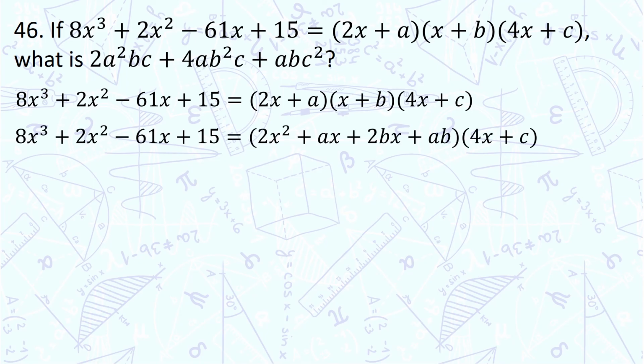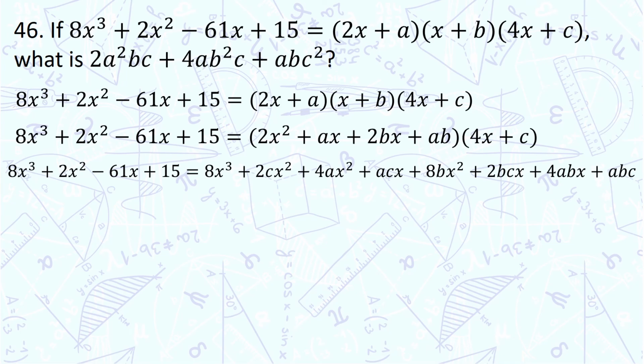So we have 2x plus a times x plus b, 2x squared plus ax plus 2bx plus ab. Multiply by 4x plus c, we have 8x cubed plus 2cx squared plus 4ax squared plus acx plus 8bx squared plus 2bcx plus 4abx plus abc.